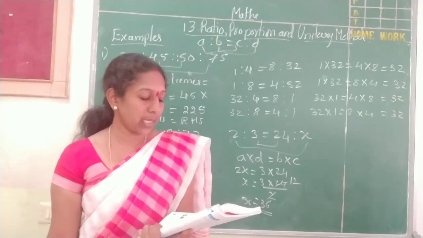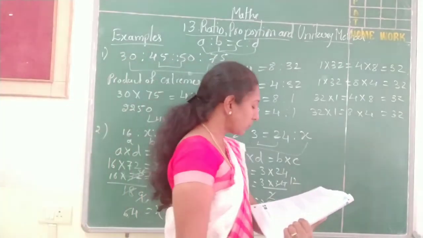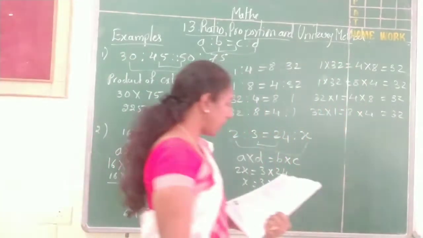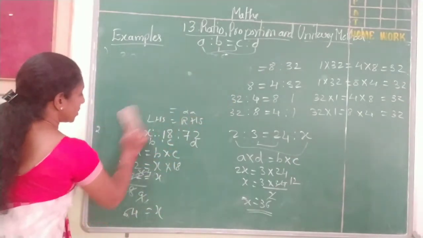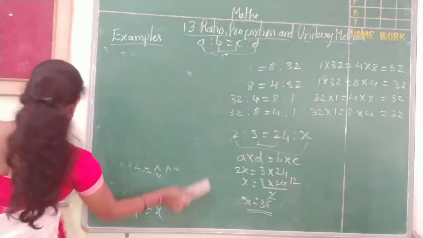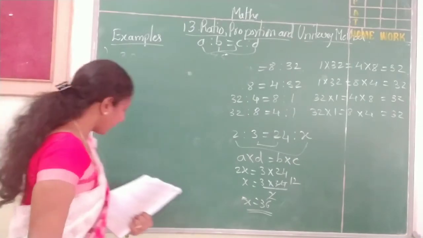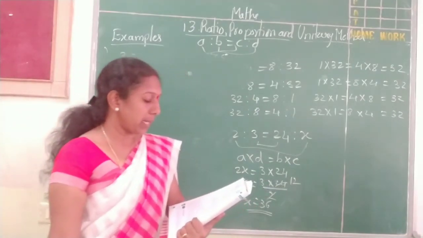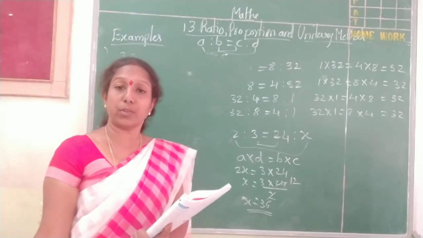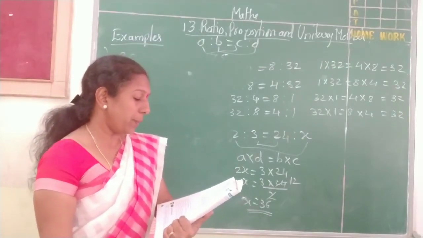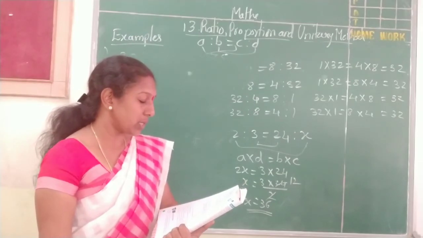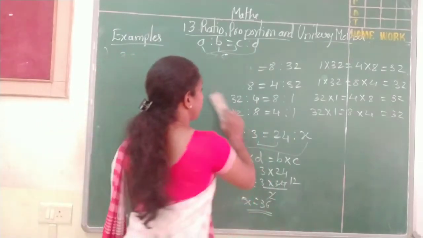Now let us come to the next question, the 14th one. The price of 2 kg of potatoes is rupees 16. Find by the method of proportion. We have to use the method of proportion. How many kilograms of potatoes can be bought for 40?